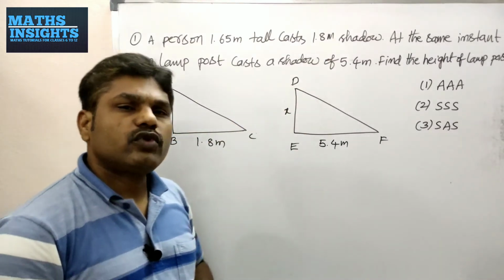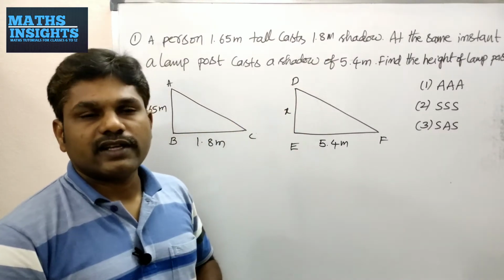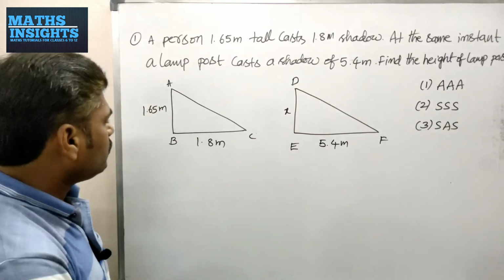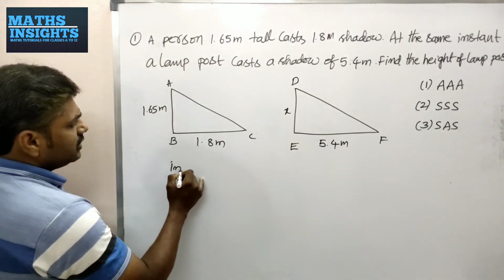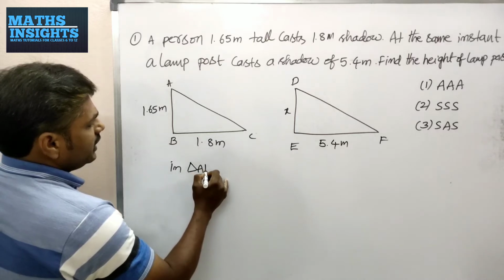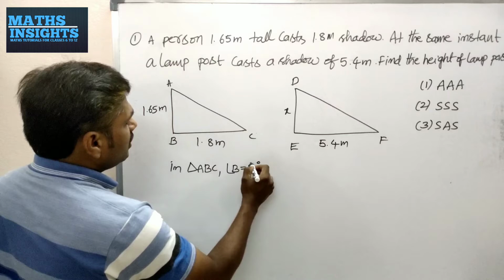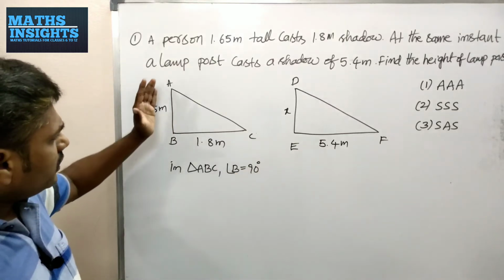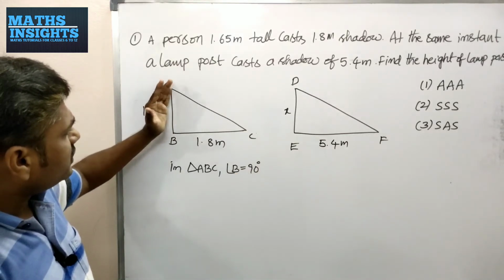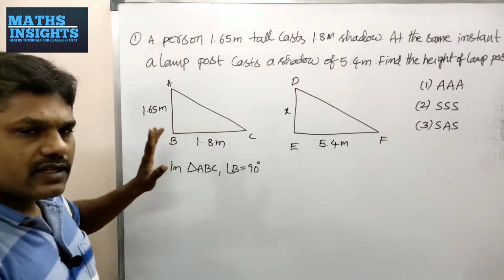First, we will prove that these two triangles are similar. Now, in triangle ABC, angle B is equal to 90 degrees. All of you know, the angle between the person and the shadow is 90 degrees.